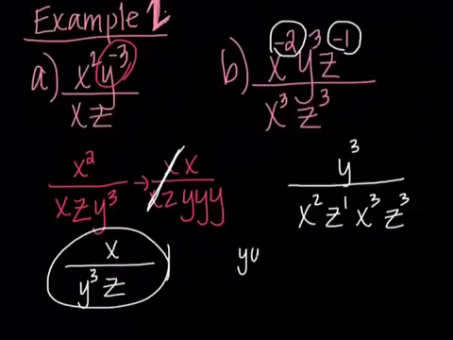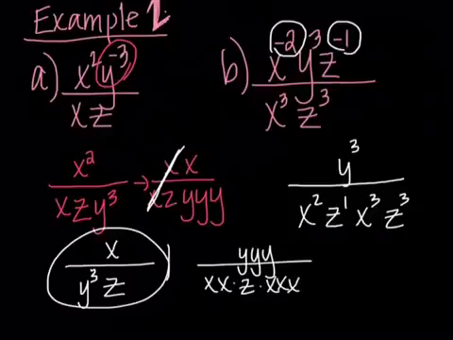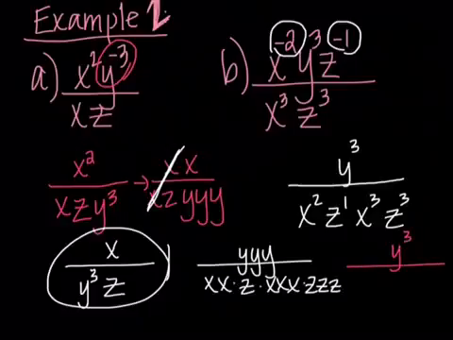I'll end up with y times y up above, x times x times z times x times x times x times z times z times z. If I simplify this, I can see that my y's can't cancel with anyone, so y to the third will remain on top.